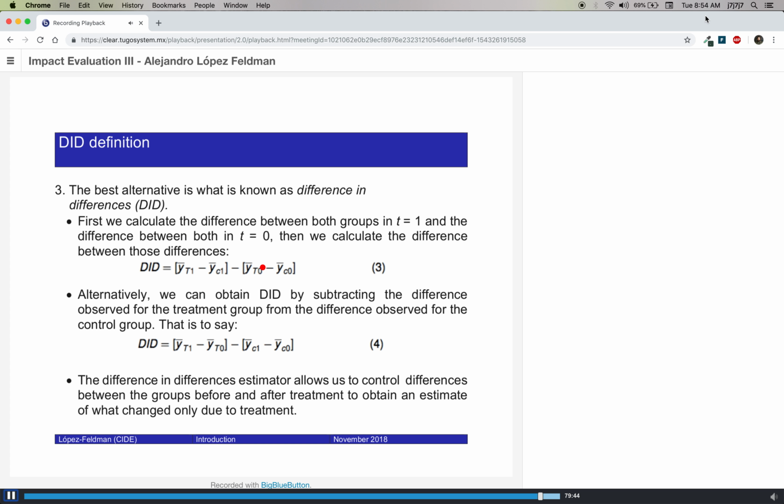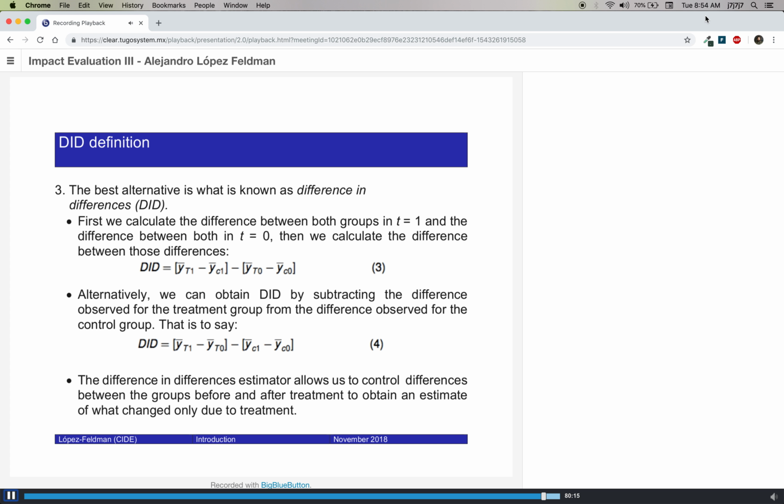Then time passes by, and I measure this difference between both groups again, and now the difference is no longer $100. After the program was implemented, the difference is equal to $120. So if I have this difference, 120 minus 100 is equal to 20. So this is difference in differences.